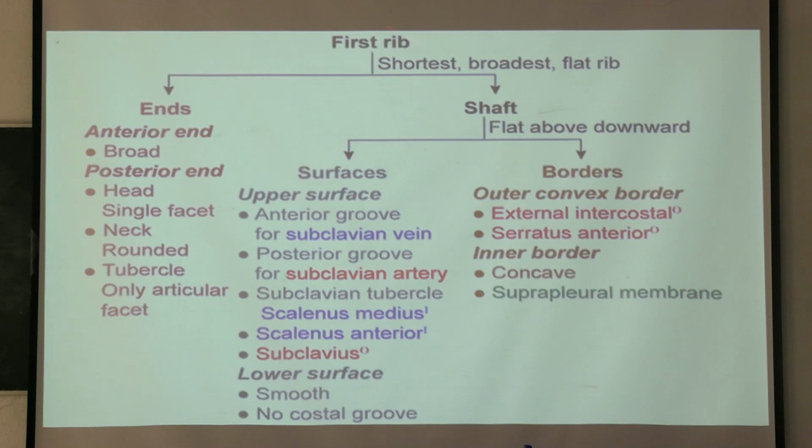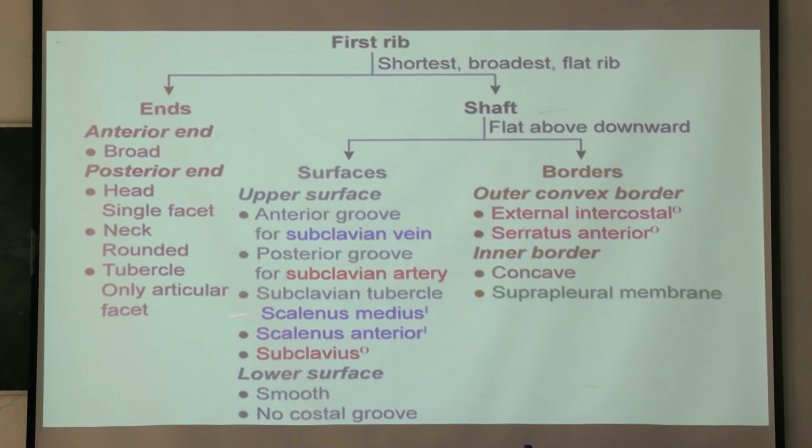Okay, so to summarize the first rib: it is the shortest, broadest and flat rib. The anterior end is broad; the posterior end contains the head, which has a single facet; the neck is rounded; the tubercle has only an articular facet. It has an upper surface and a lower surface. On the upper surface, there is an anterior groove for the subclavian vein and a posterior groove for the subclavian artery.